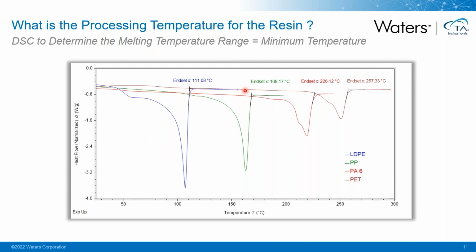And the onset of the melting region is clearly the minimum temperature at which we want to do the processing. And as expected, you can see that for low density polyethylene, this is already around 111 degrees, while for a sample like PET, you need to go to a much higher temperature in order to fully melt it.